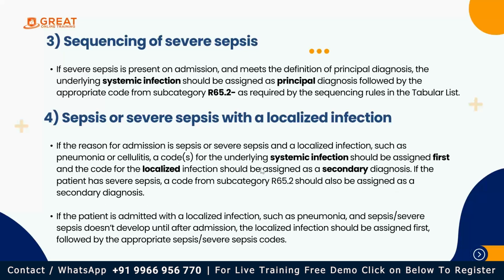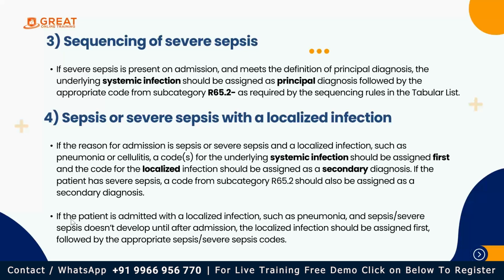It means if a localized infection is also there, plus sepsis is also there, in that case, we have to give priority to the systemic infection, meaning sepsis. And then we have to code the localized infection. Plus, if we have severe sepsis also, we can code that severe sepsis as a secondary or additional diagnosis, which is coded with R65.